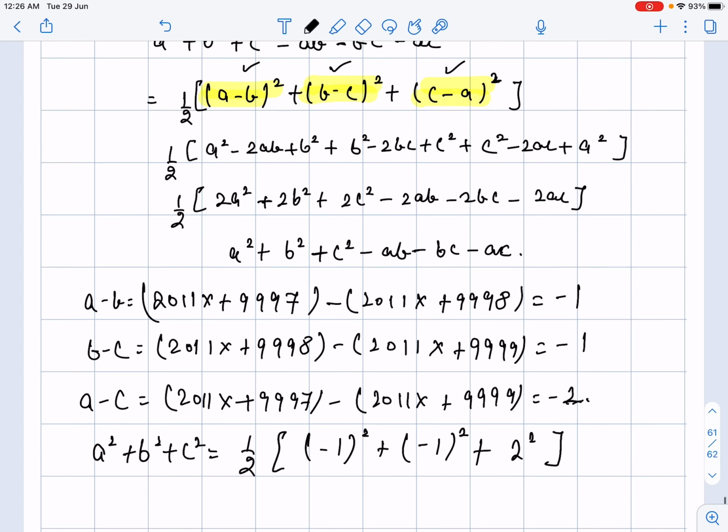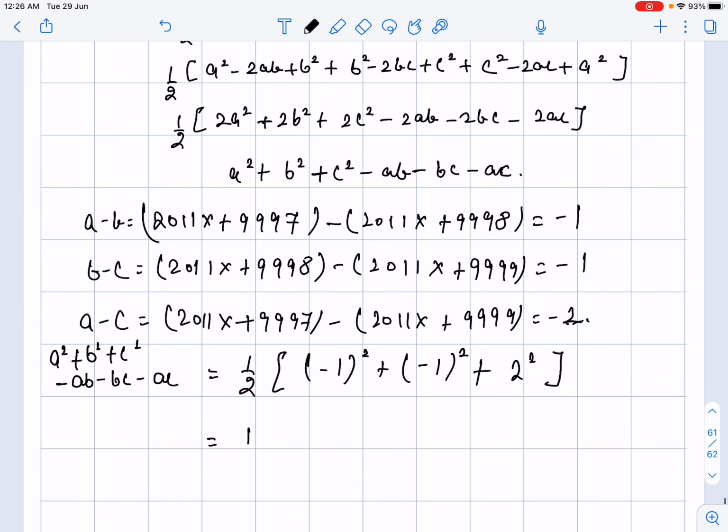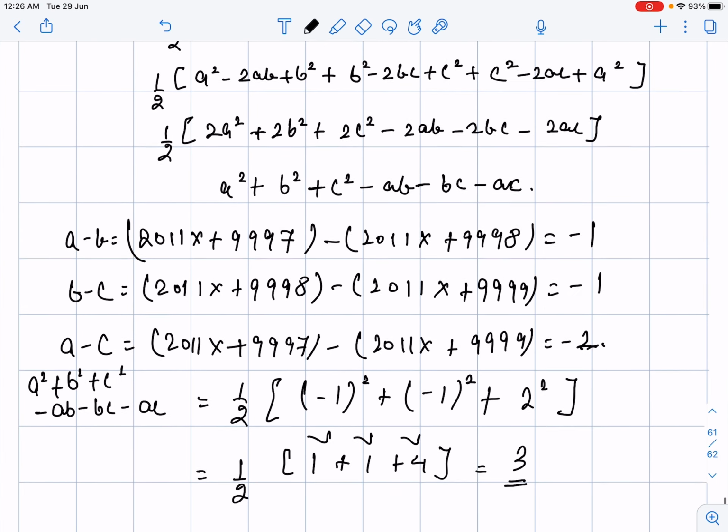So that will become 1 by 2 times of 1 plus 1 plus 4. So 4 plus 1 is 5, plus 1 is 6, 6 by 2 is equal to 3, which will be the final answer for this question. Hope you guys have understood it and enjoyed it.